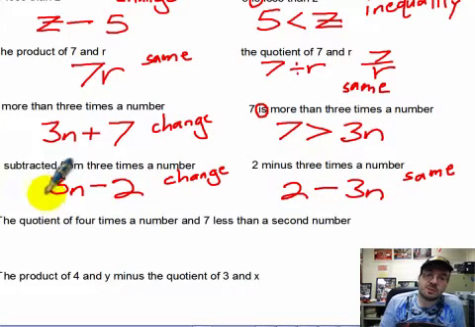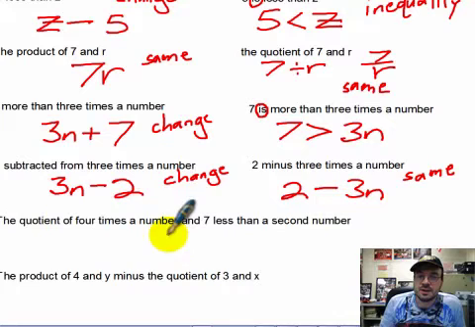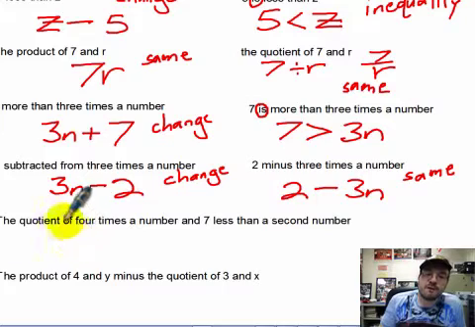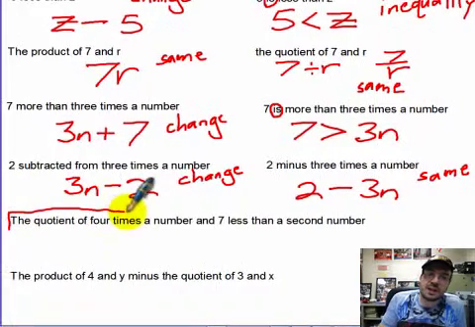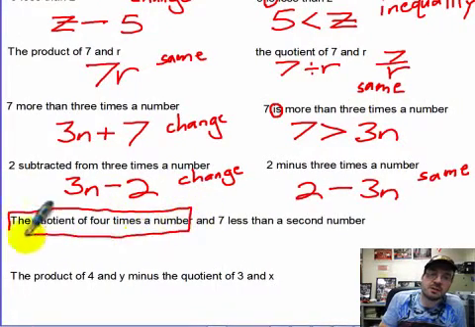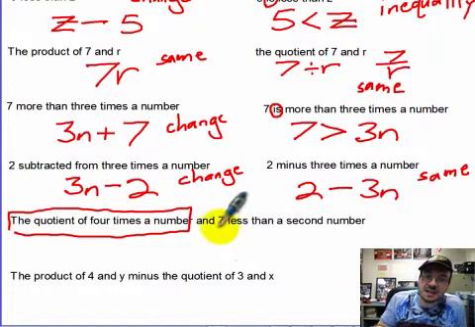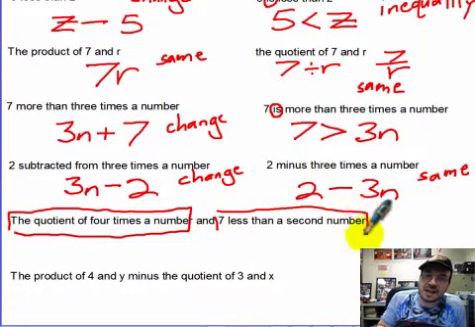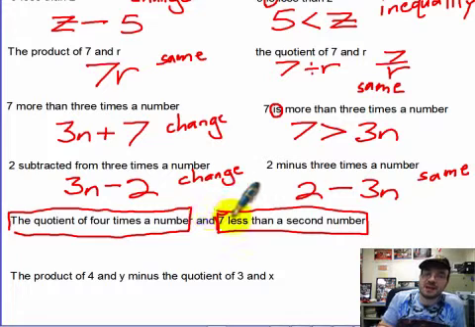And then let's look at this one. The quotient of 4 times a number and 7 less than a second number. So the quotient of 4 times a number, that's one thing. And 7 less than a second number, that's my second thing. So the quotient of these two things.